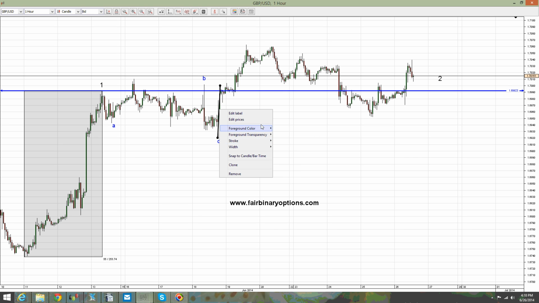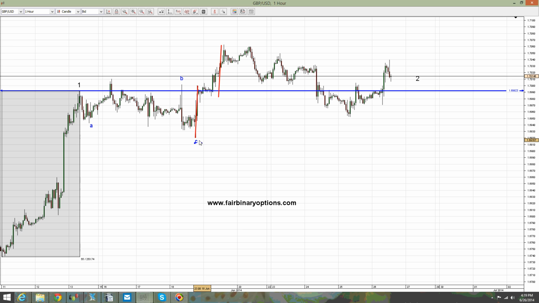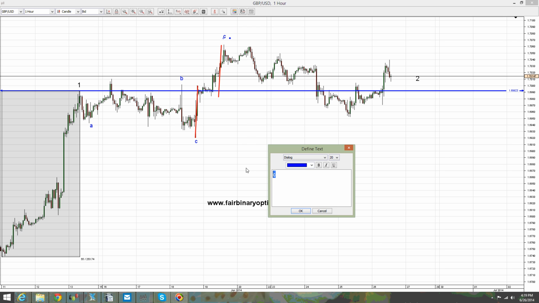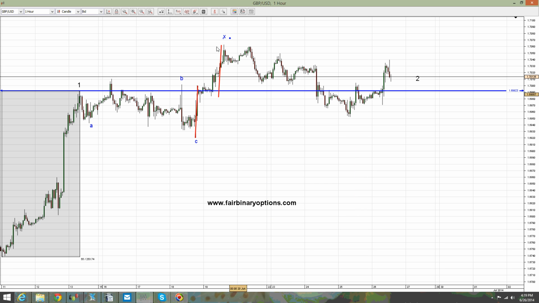Let me change the color for it. And it goes like this, so almost equal, and just like that it means that this is an X wave. So ABC, then the X wave, and then we have the second correction.